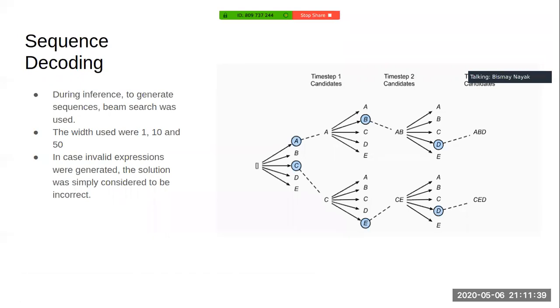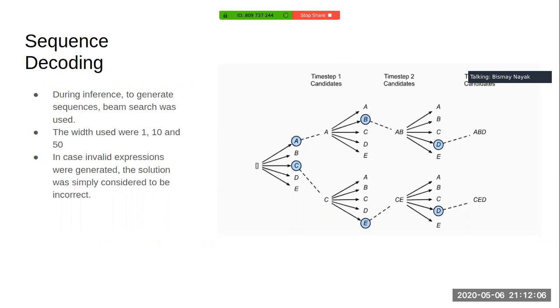We take the top 10 tokens that have the best log likelihood scores, and for each of these tokens we calculate the next possible token, and among those we take the best 10. For example, we choose A, B, C, D here, and say we have a beam width of 2, right?